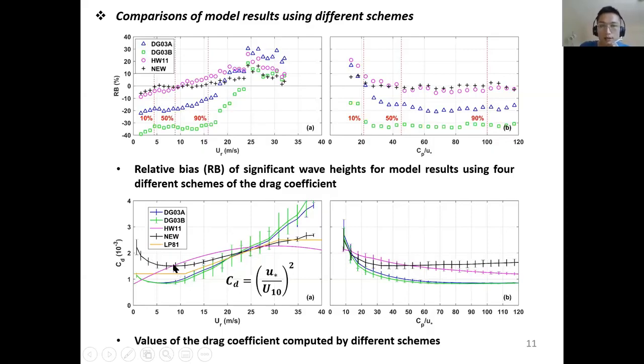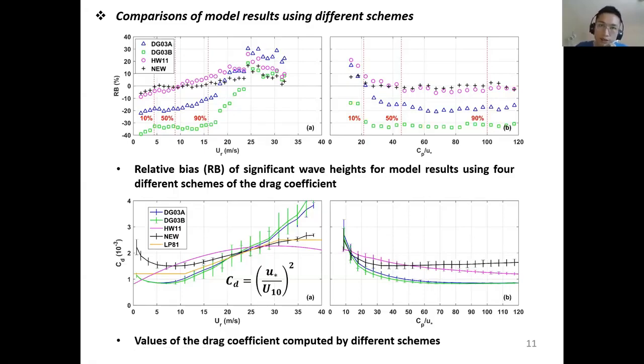And the new scheme has slightly lower values of drag coefficient compared with the default one, Huang's formula, indicated by the magenta line. So that's the reason why the new scheme can reduce the underestimations at low winds and the overestimation at moderate and high winds, as compared with the default formula, Huang's formula.